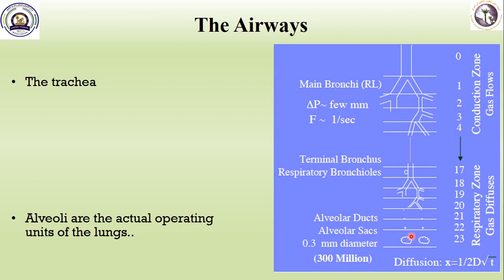There is a special equation for diffusion in the lungs: x equals 1/2 d squared root of t, where d is the diameter of the alveoli and t is the time required for the diffusion, either the diffusion of oxygen or carbon dioxide between the alveoli and the blood, or traveling from the alveoli to the outside of the human body through the exhalation.